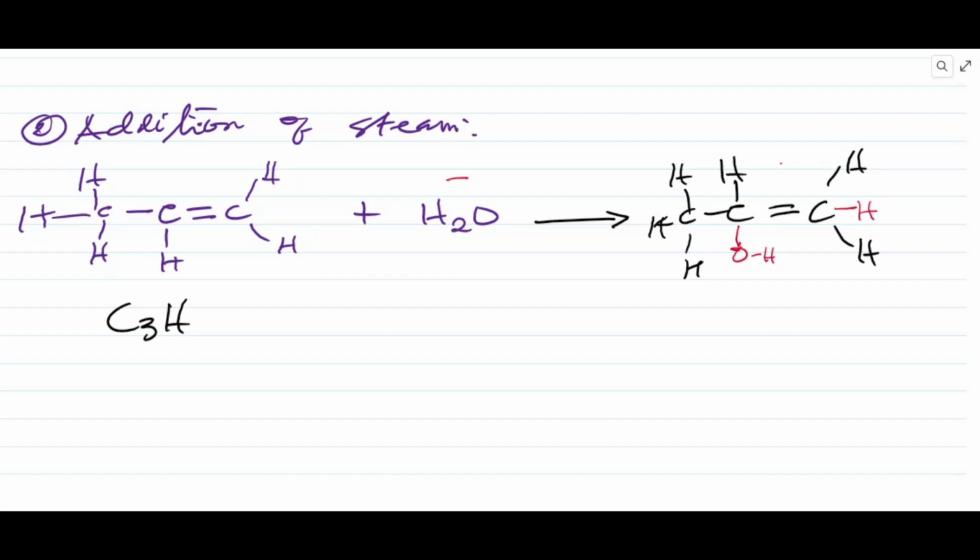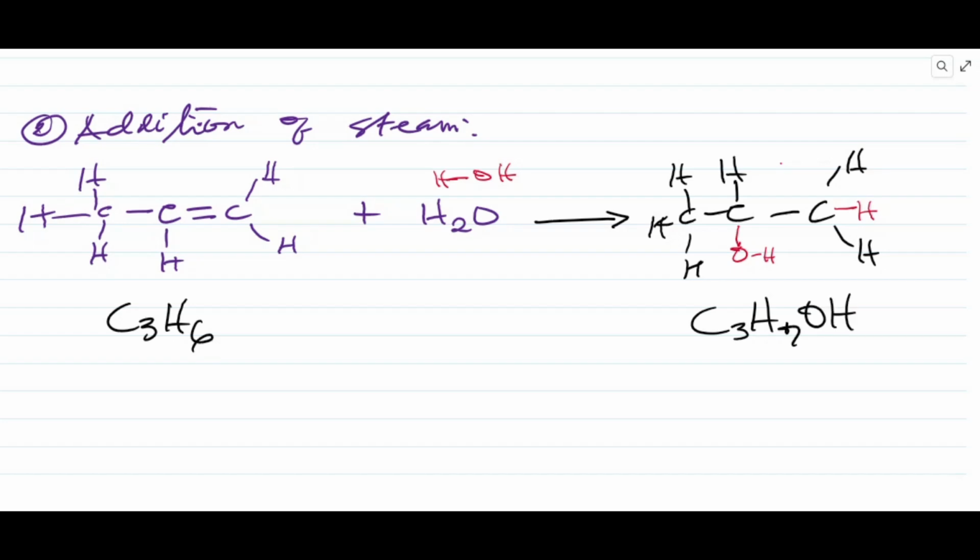So in this regard, we have formed what? You will see that we form an alkanol from the alkene. So addition of water to your alkene will give you alcohol. C3H6 plus water gives us C3H7OH.